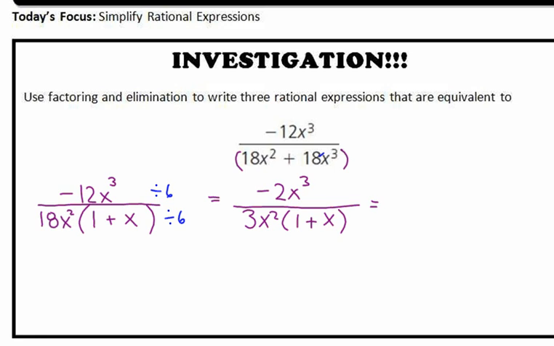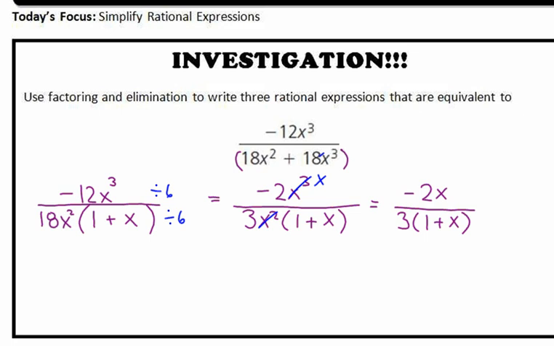The x's. x cubed divided by x squared is x. So it's like we have 3 x's here, we have 2 over here. So when we cancel out 2 of them, we're left with 1x, right? Just 1x. I don't know how else to write that. So -2x all over 3 times (1 + x).